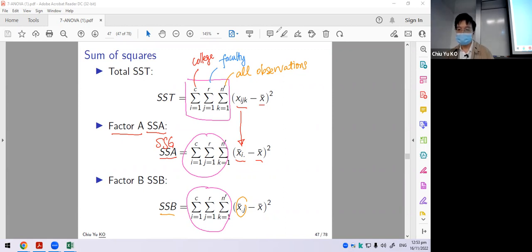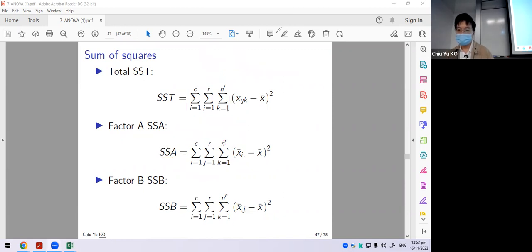Now with this, do note that this is related to alpha i. If you remember, this is beta j. It's related to that, alpha 1, 2, 3, because this minus this is measuring the alpha i, and this is actually the beta j, if you remember those estimates.